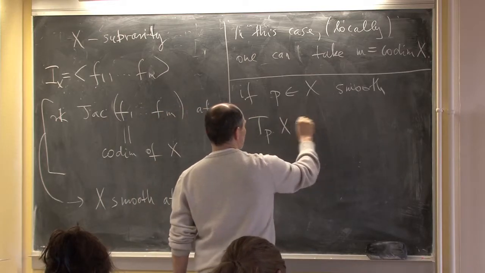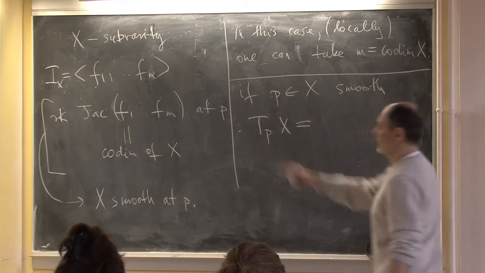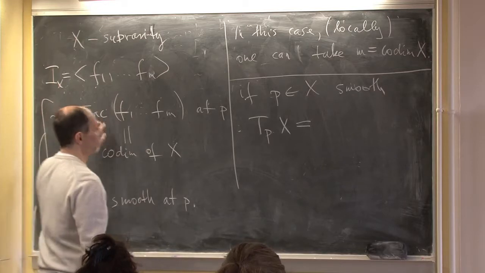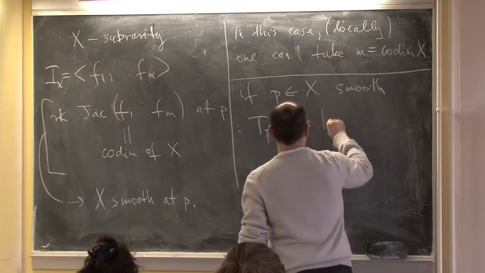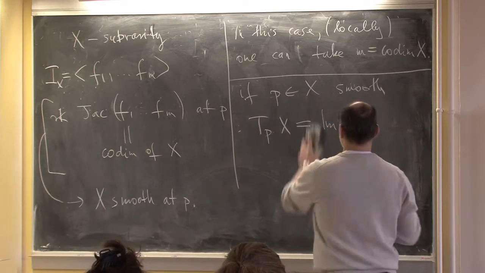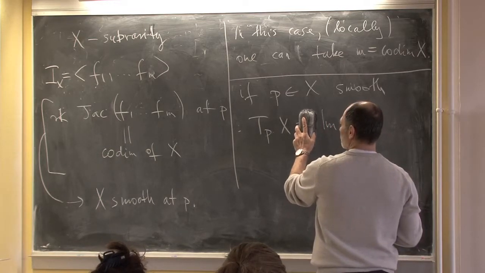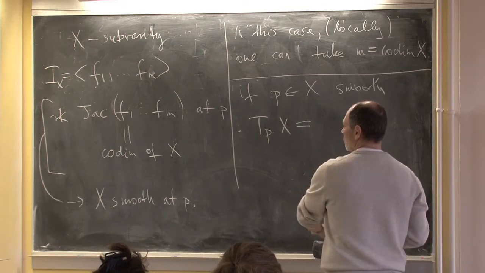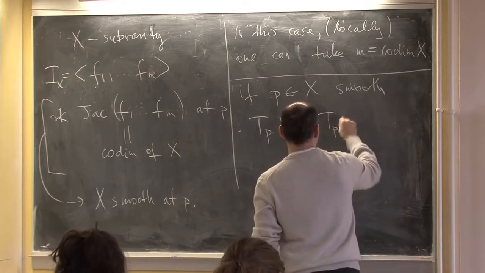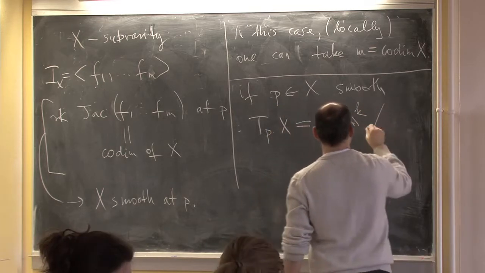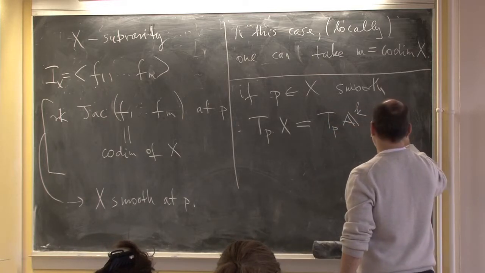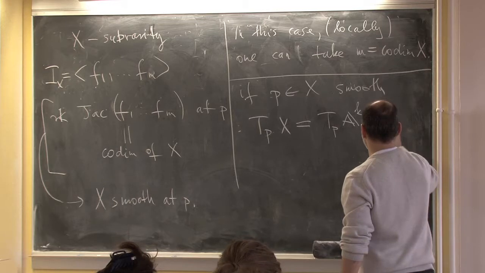It's a linear space, and it's basically the image of, what am I trying to say? I just look at the tangent bundle of the affine space where it's embedded, and then you get rid of the image of this Jacobian matrix, right?